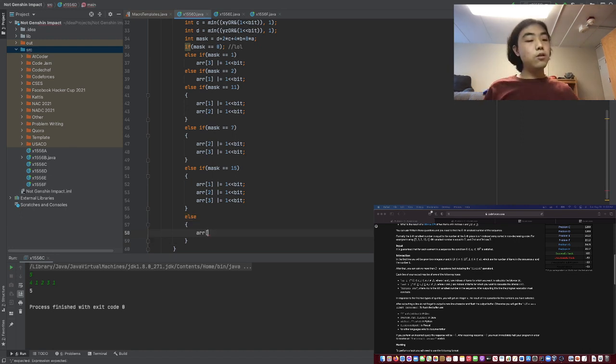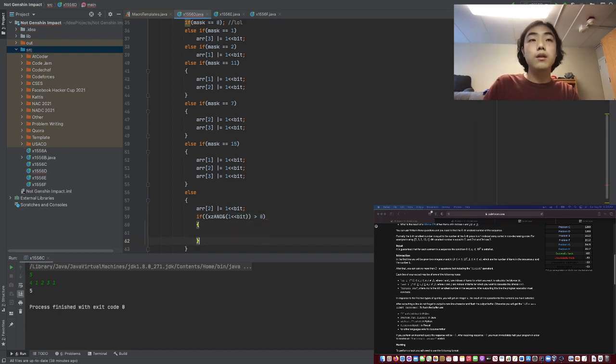okay, let's first assume by default array at 2 has a bit, and then if xz and one left a bit is greater than 0, then array at 1 gets this bit and array at 3 gets this bit.